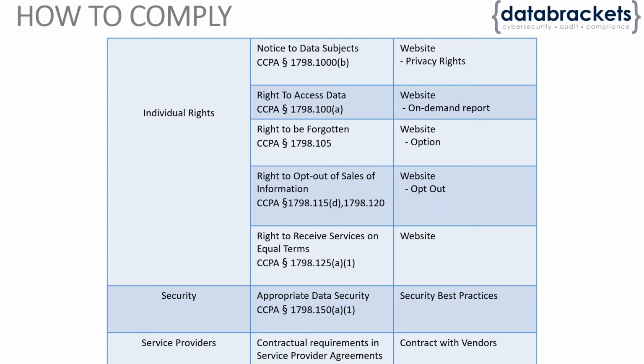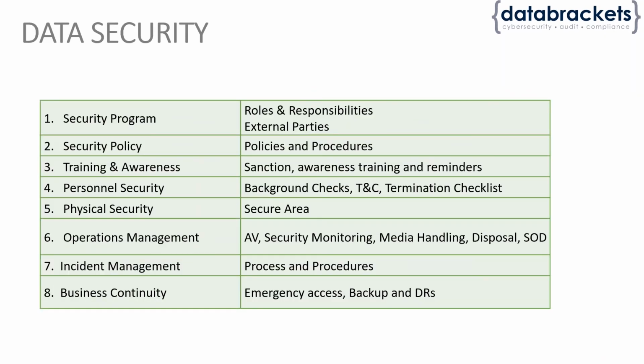If you seem to have raised some concern or complained about this particular issue, then the companies cannot discriminate against you because you've done these things in the past. So that is the right to receive services on equal terms. That's about that. And then moving on to the security side of things, I have a separate slide. Maybe we will just jump right into that.